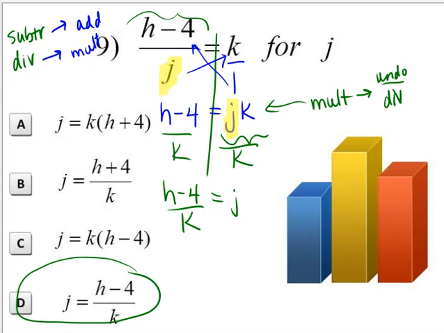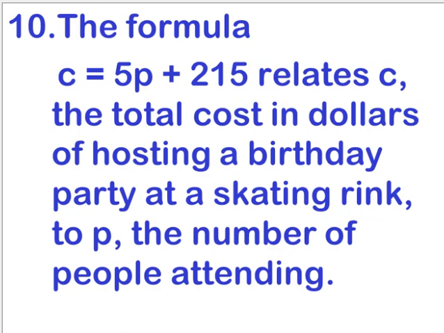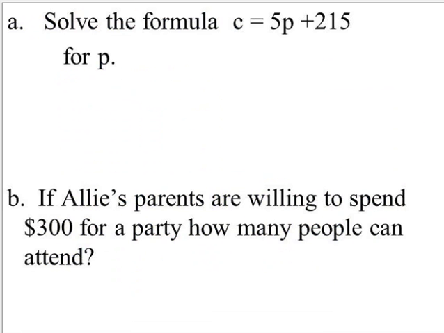The last example I want to talk about is this formula, or this problem. The formula C equals 5P plus 215 relates C, the total cost in dollars of hosting a birthday party at a skating rink, to P, the number of people attending. So then I just give you this formula.